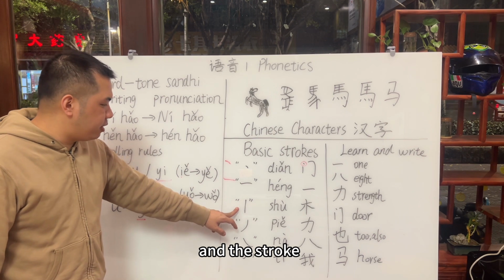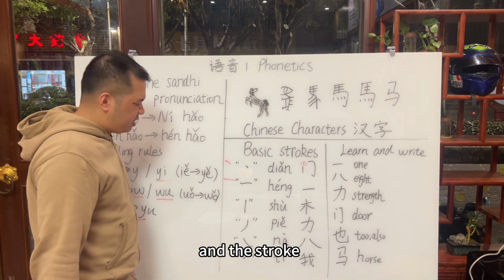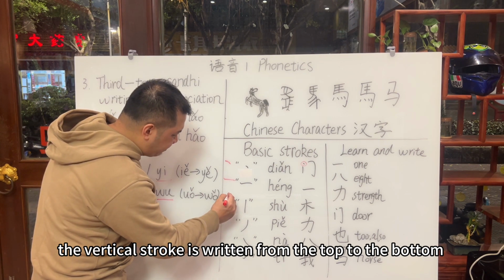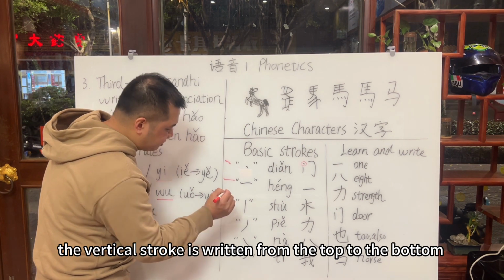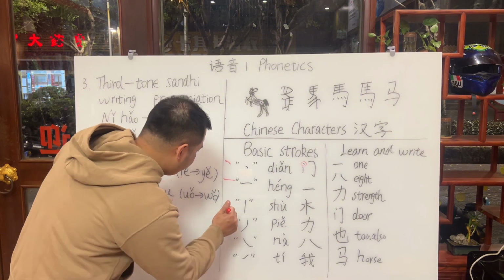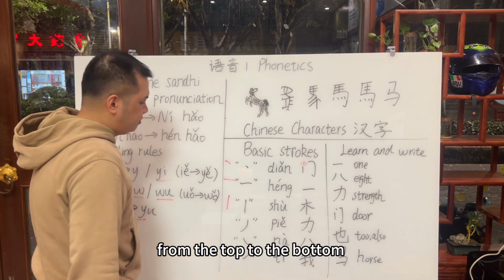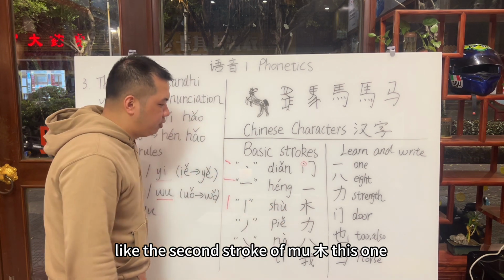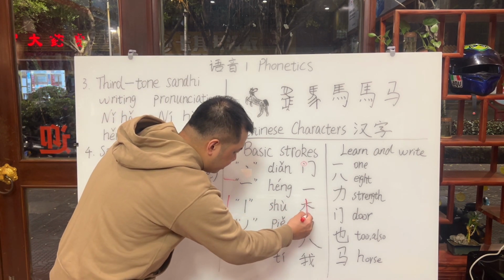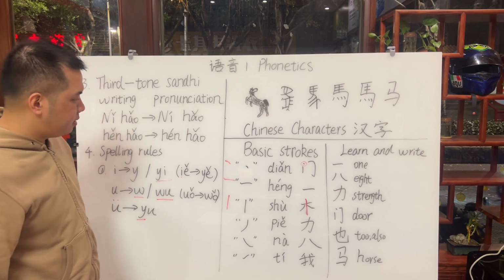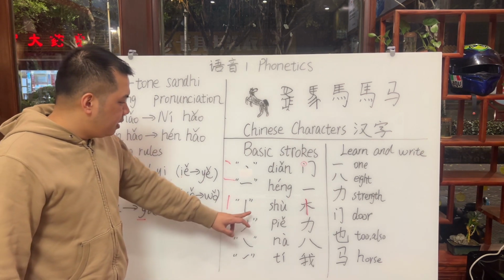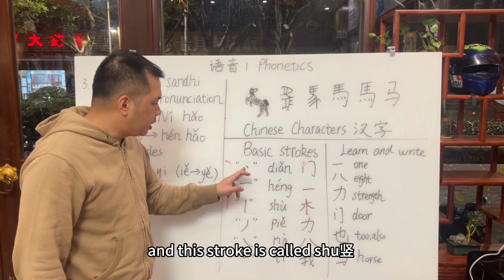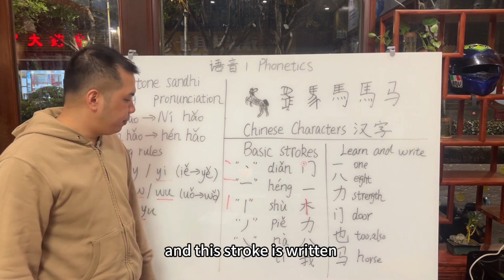And the vertical stroke is written from the top to the bottom. Like the second stroke of 木, this one. And this stroke is called 竖. 点, 横, 竖.